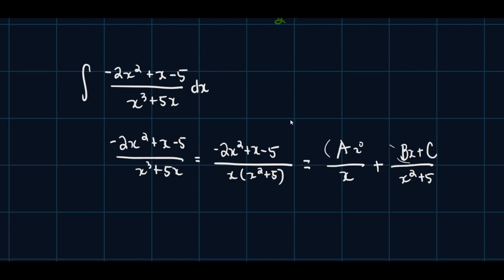So, let me just erase this para mas clear. Oops, sorry. Should be bx plus c all over x squared plus 5. Okay, then same lang ulit. We multiply this by the least common denominator, x times x squared plus 5.